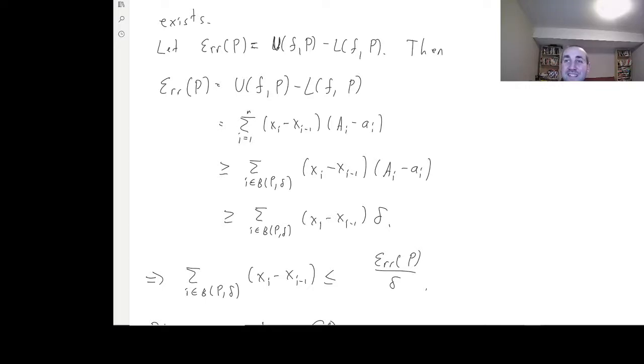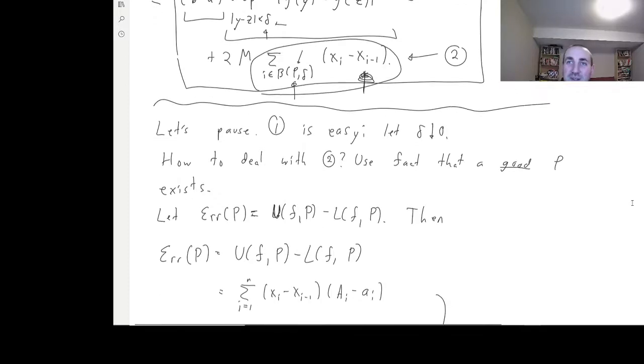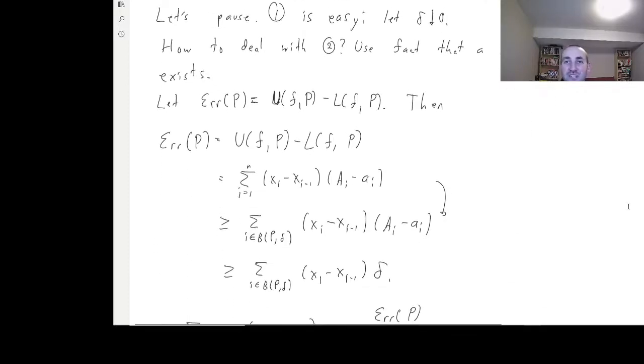And now I have to do something that's clever, or at least careful, which is I want this bound here to turn into something that looks like this. So I do something that we don't do very much in this course, which is that I make a really lazy lower bound. Certainly the sum over all of these terms is bigger than the sum over just some of these terms, right?